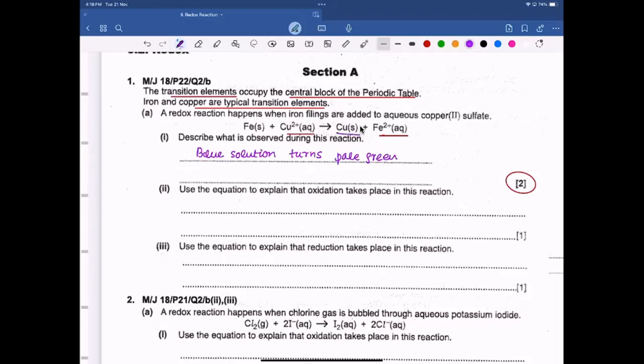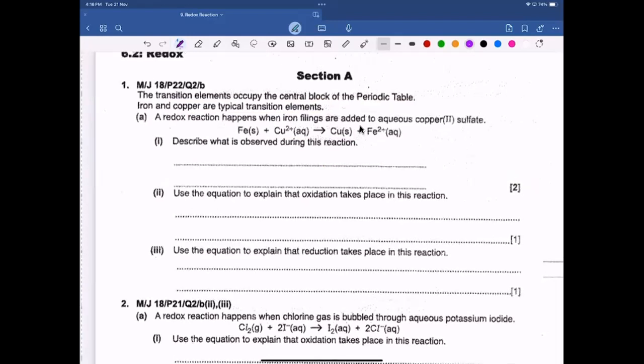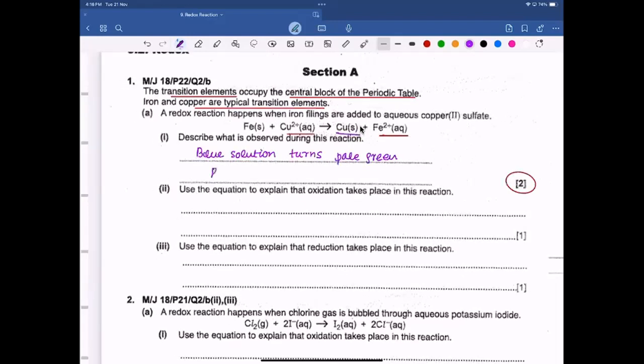The copper solid is forming. And what is the color of copper? Pink. You guys are not revising, right? So, pink solid forms.